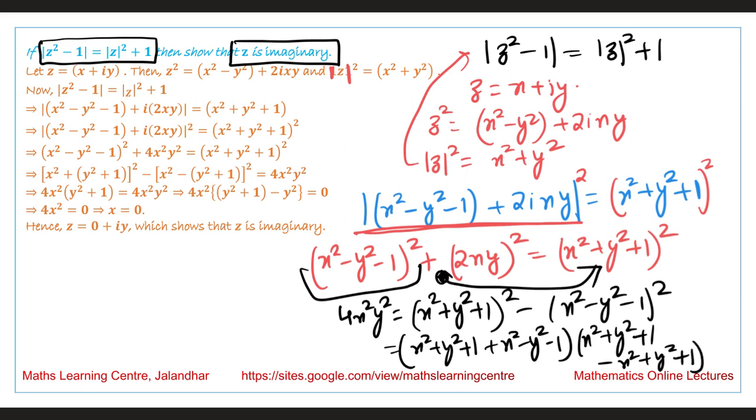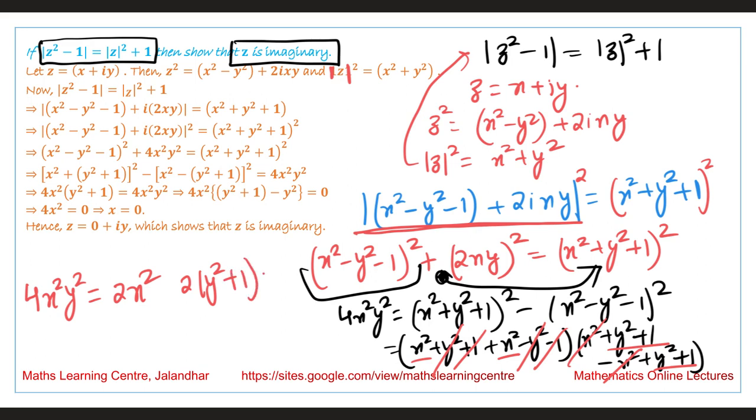When we solve these, y square is cancelled, this 1 is cancelled, x square is cancelled. So 4x square y square is equal to, from these terms we are left with 2x square, and from these terms we are left with 2 times y square plus 1. So this 4 gets cancelled, x square is equal to 0, or y square is equal to y square plus 1.